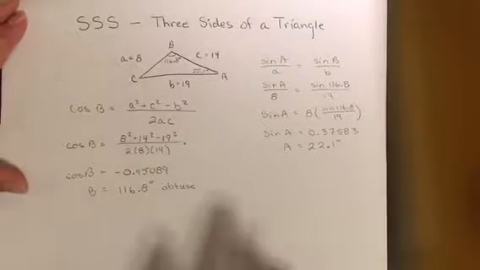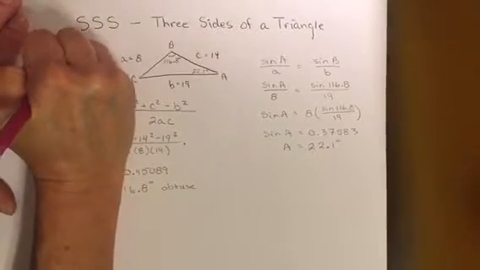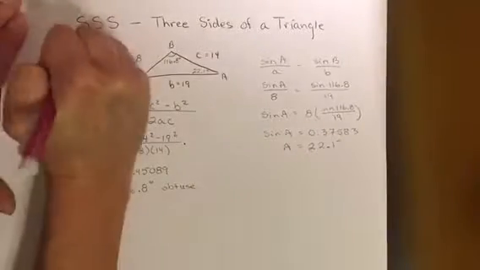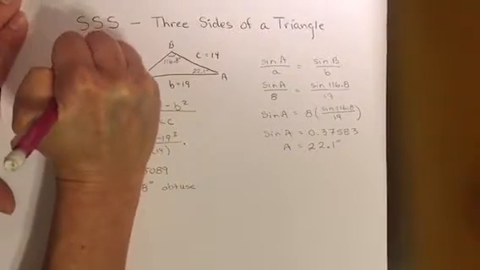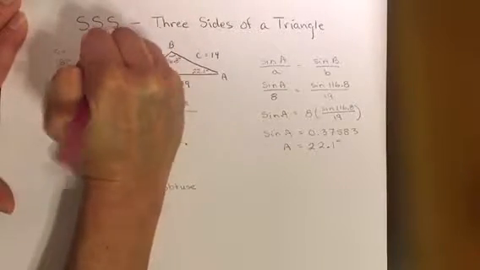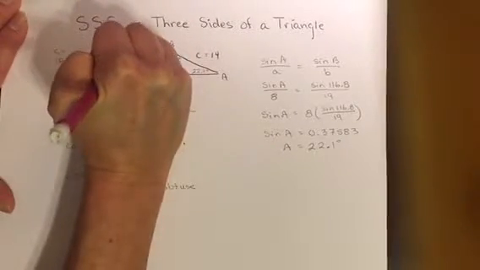All right, now to find angle C, I'm going to subtract from 180. So here's my work for finding angle C. 180 minus 22.1 minus, running out of room here, 116.8.